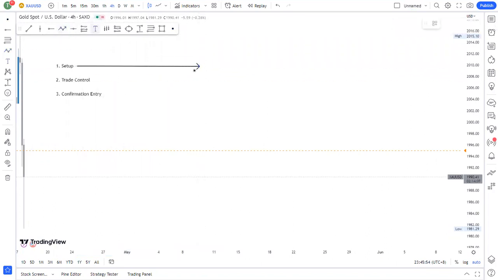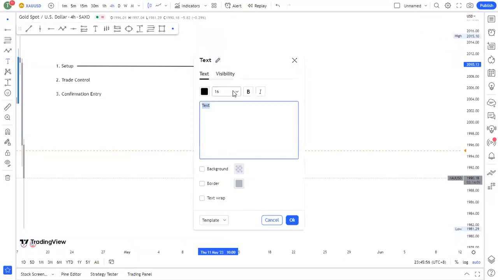So what is actually setup? Setup is the place where we are going to enter our position. We have buy setup and then we have sell setup. In setup, what we need to know the most is the time frame.